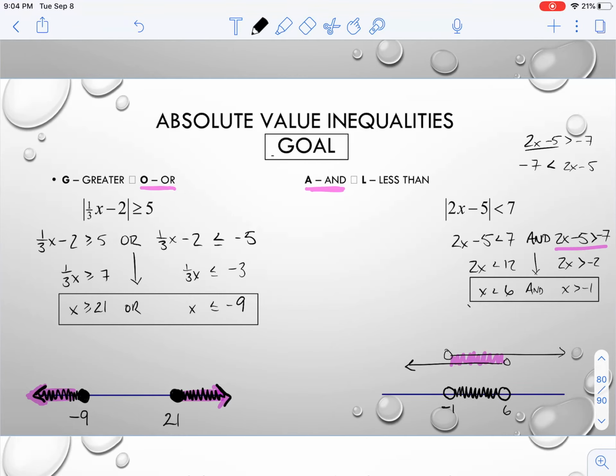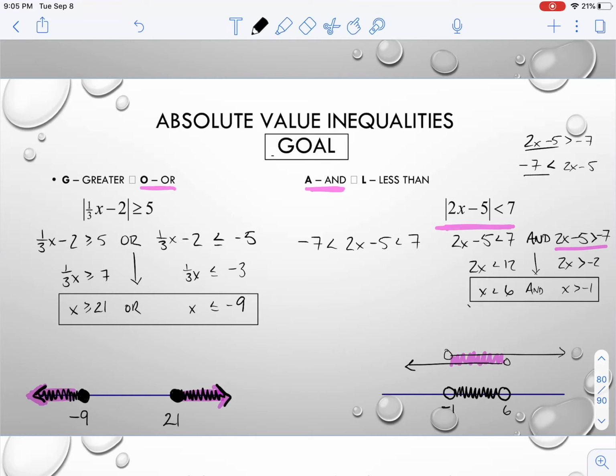So what am I getting at? Well, when we have an absolute value inequality that is less than a number, I can write this as a 3-part compound inequality. I'm going to do so by taking the value on the right, multiplying it by -1, and putting it on the left. So -7, my sign's going to stay the same, so -7 less than 2x minus 5 less than +7.